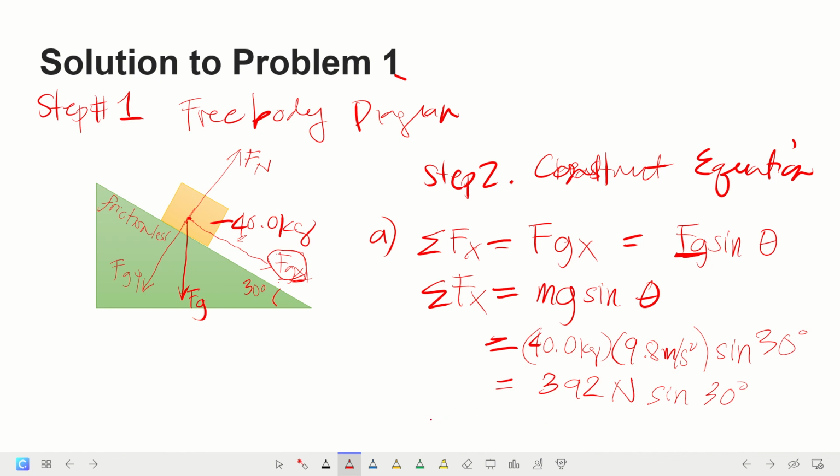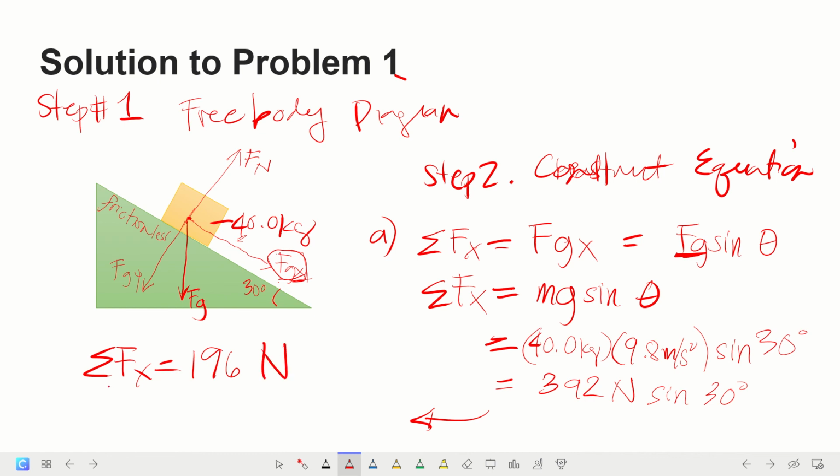So 392 Newtons times sine 30 degrees is equal to 196 Newtons.